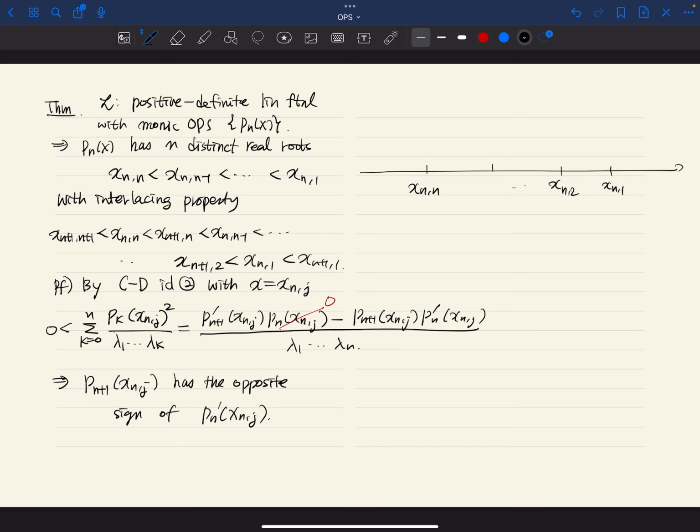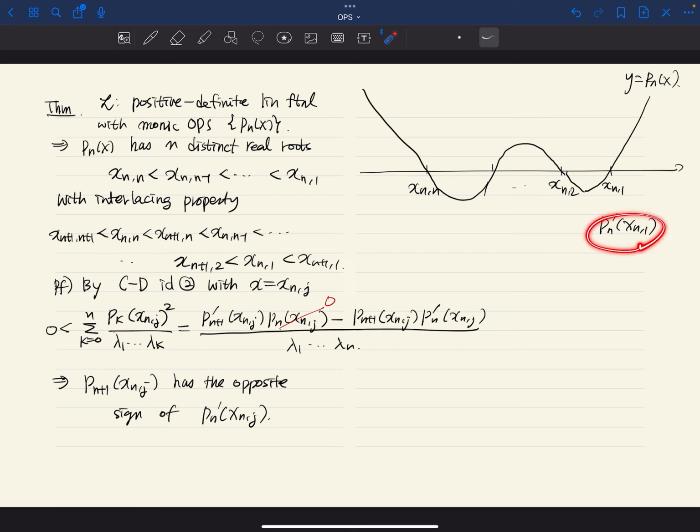So the graph of y equals P_n(x) must be something like this. All right? So what is the sign of P_n'(x_{n,1})? This means the derivative, that is, the slope of the tangent line.